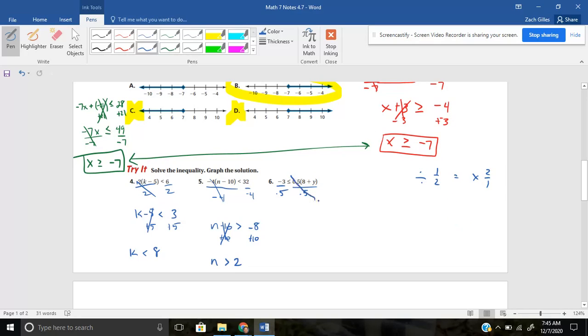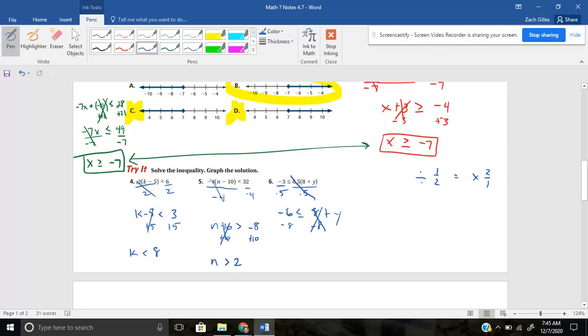So half divided by half is 1. That cancels. And then I can think of dividing by half as the same as multiplying by 2. So negative 3 times 2 will give me negative 6 is less than or equal to 8 plus y. To get y all alone, I would subtract 8 on both sides.